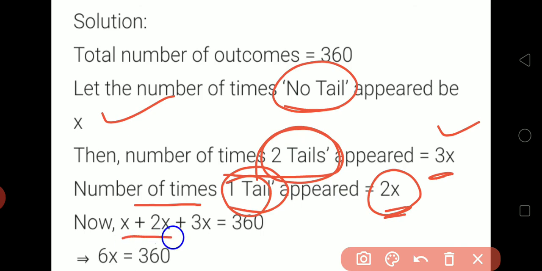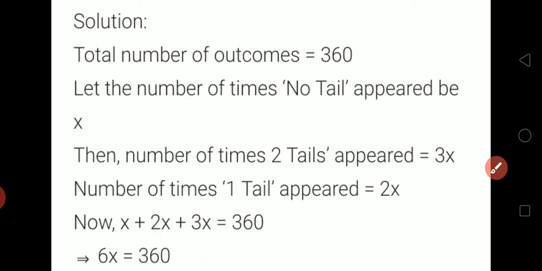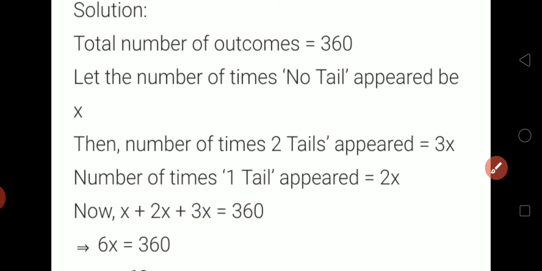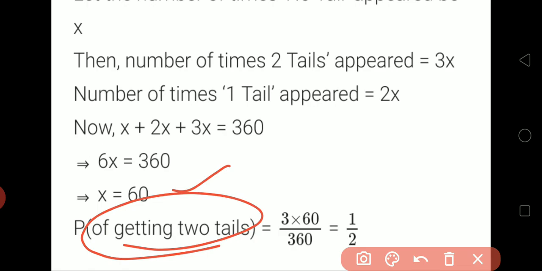So the total outcomes, no tail, 1 tail and 2 tails, is x plus 2x plus 3x, and it is given as 360. So 6x equals 360, and you can find x from here: 360 by 6 is 60.